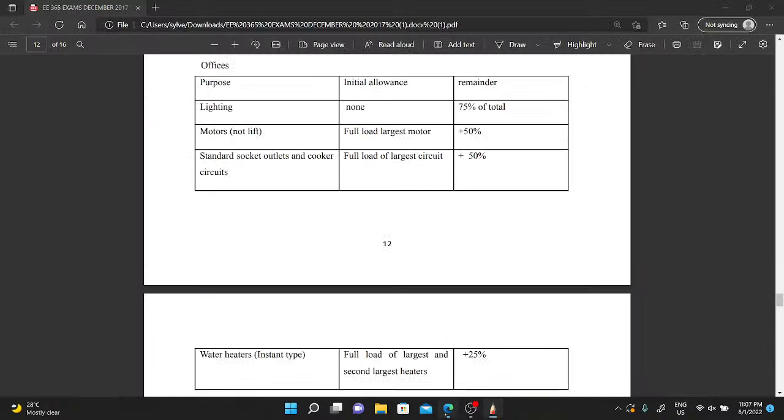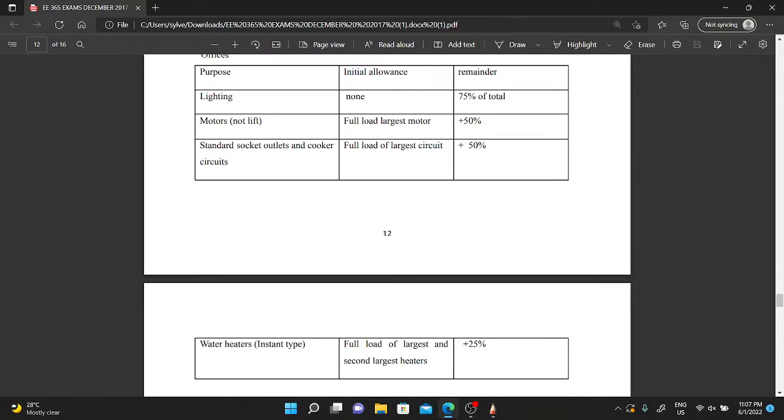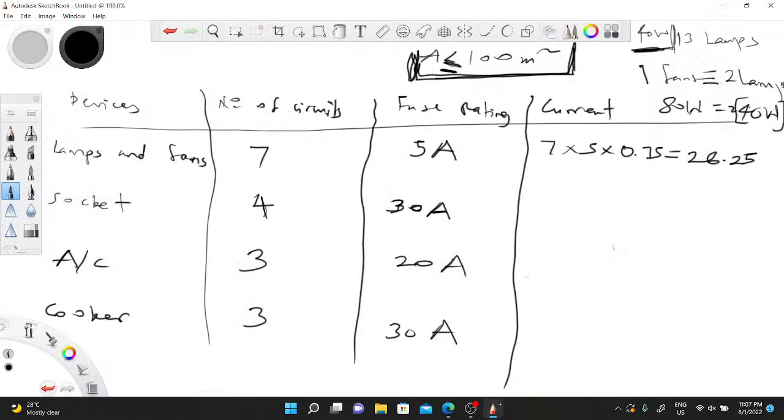Now for socket, let's go to the socket. For sockets, you're supposed to use full load of the largest circuit, then plus 50% of remainder. This is what it means.